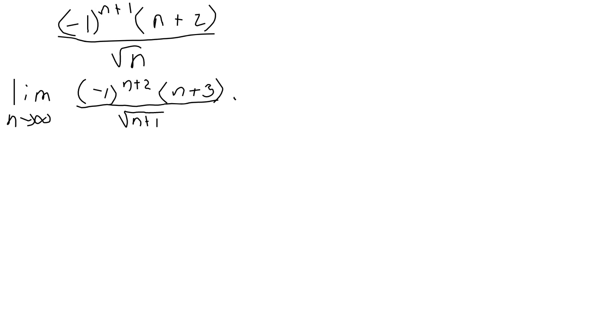So up here, we're going to have root n. Down here, we're going to have negative 1 to the n plus 1, and this is n plus 2. So we can squeeze it in right there now. Next line. Limit. So I'm going to put all of them together.